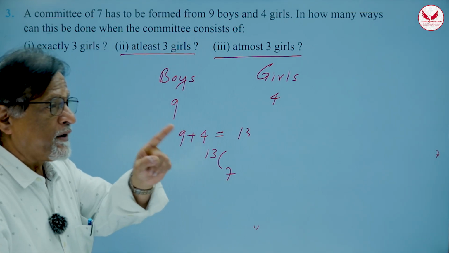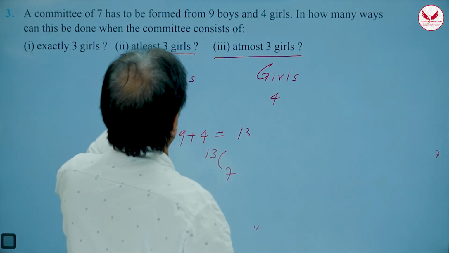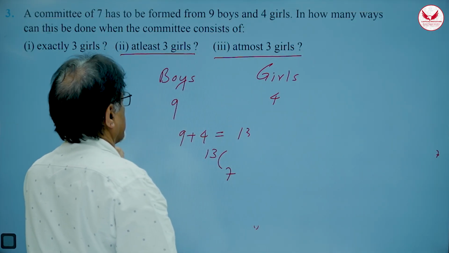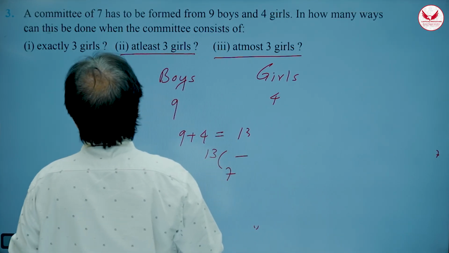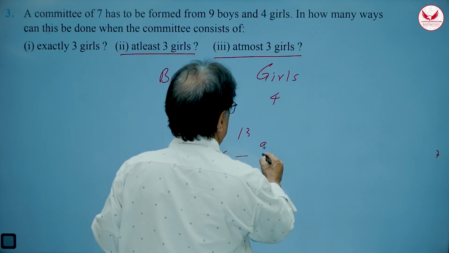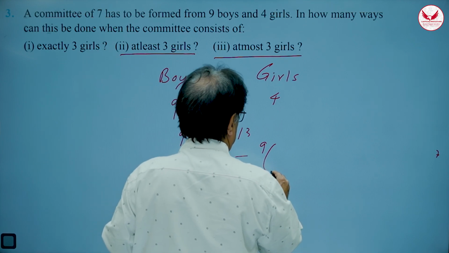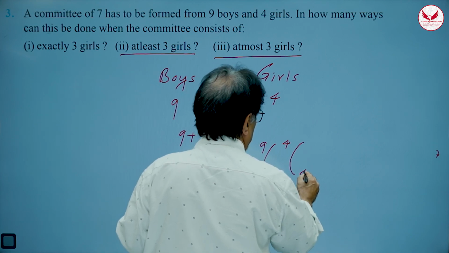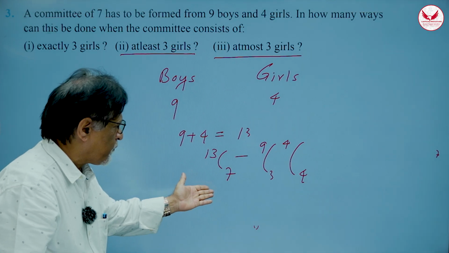But one particular combination is simply not allowed, and that is what? 4 girls combination. Now if you select 4 girls, then there are 3 boys. So the combination which is not allowed has to be subtracted, and there is only one combination. That is what? Out of 9 boys, you select only 3 boys, and out of 4 girls you select all 4 girls. This combination is not allowed, whereas these are all possible committees.